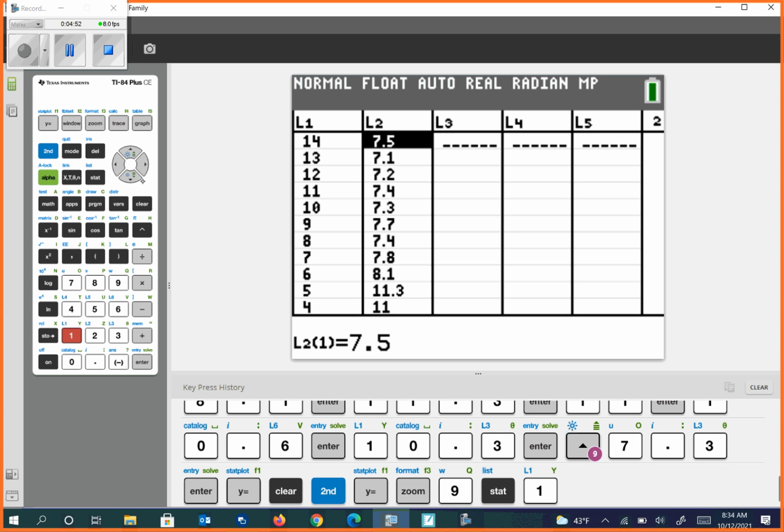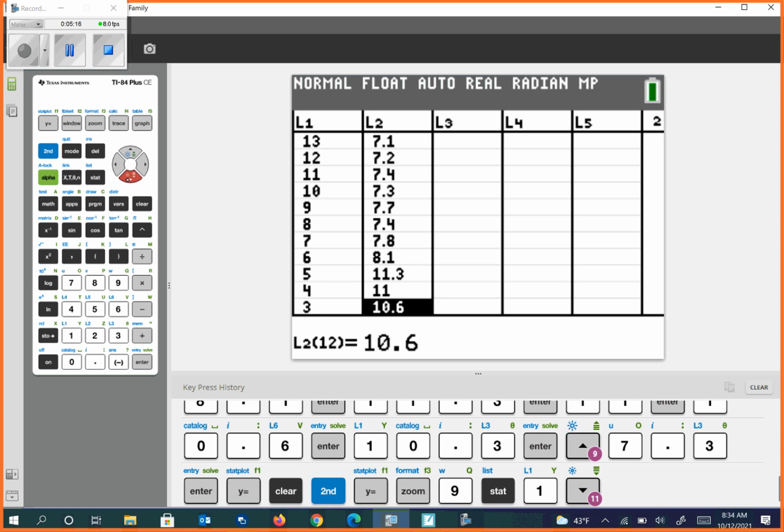Okay, someone verify for me. 14, 7.5; 13, 7.1; 12, 7.2; 11, 7.4; 10, 7.3; 9, 7.7; 8, 7.4; 7, 7.8; 6, 8.1; 5, 11.3; 4, 11; 3, 10.6; 2, 10.3. Does that seem what's on there?